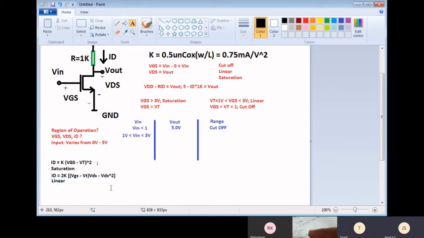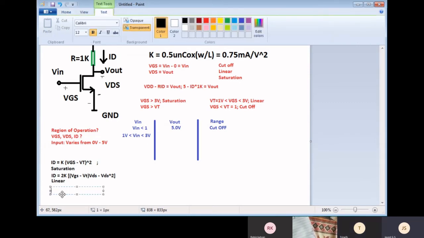So in the saturation region, add this, you will get the ID value. After you substitute ID, substitute back into the V out equation to get the output. So V out equal to VDD, so VDD is 5, minus ID R. So R is 1K into ID.